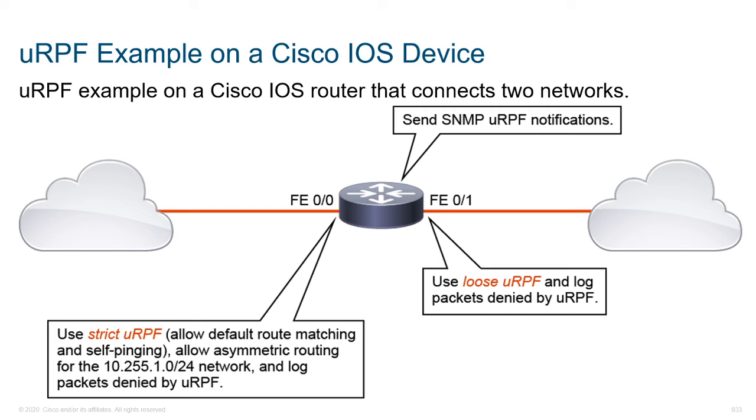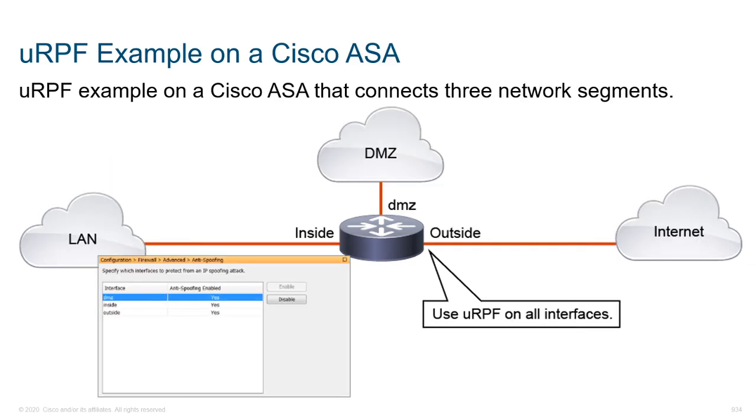All right, so here are some examples of where we might implement this. We can see we have strict on one interface, that's allowing default route matching. It's allowing asymmetric routing. On our F0/1 interface, we're using loose, and we are logging packets that are going to be denied.